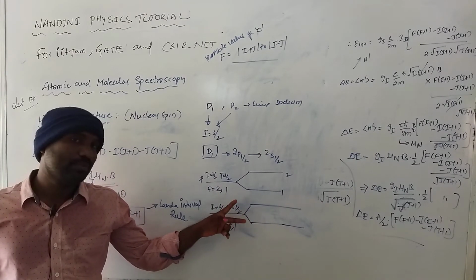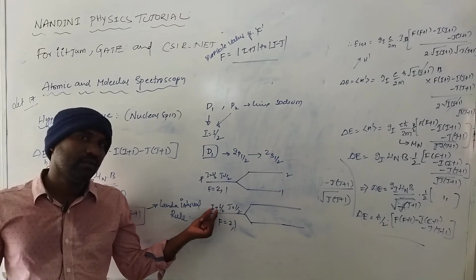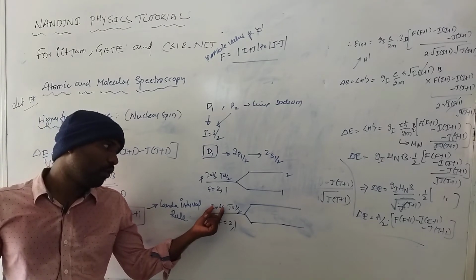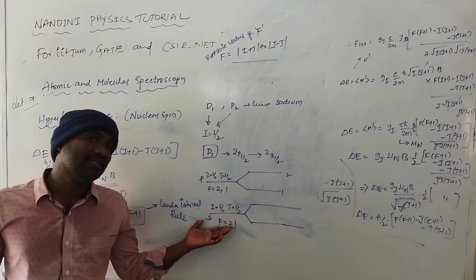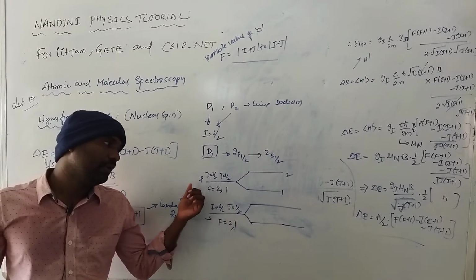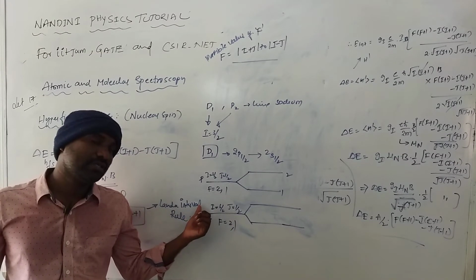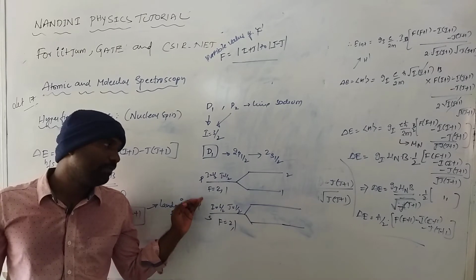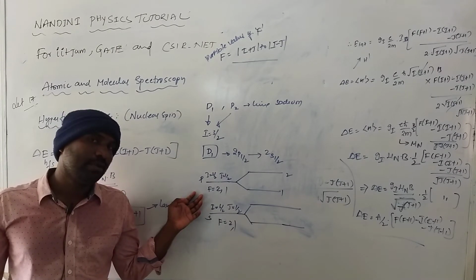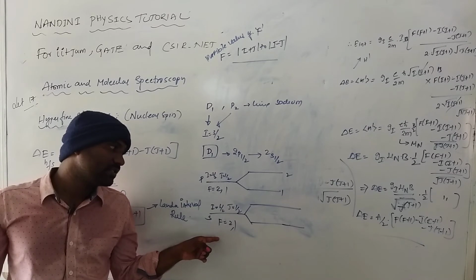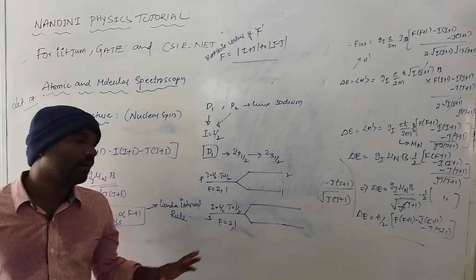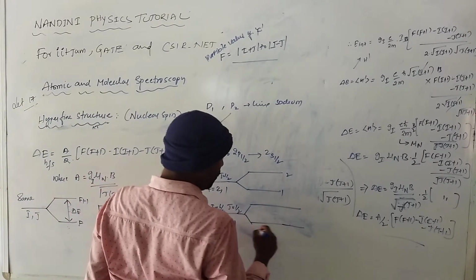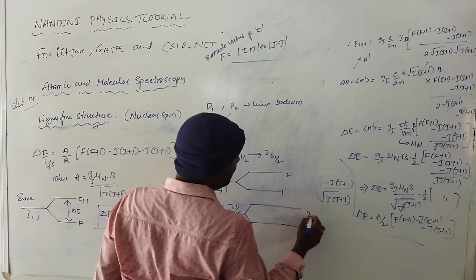So S is also splitting due to nuclear spin. If you do not consider nuclear spin, this S state never splits. Therefore this is also F is equal to 1 and 2.